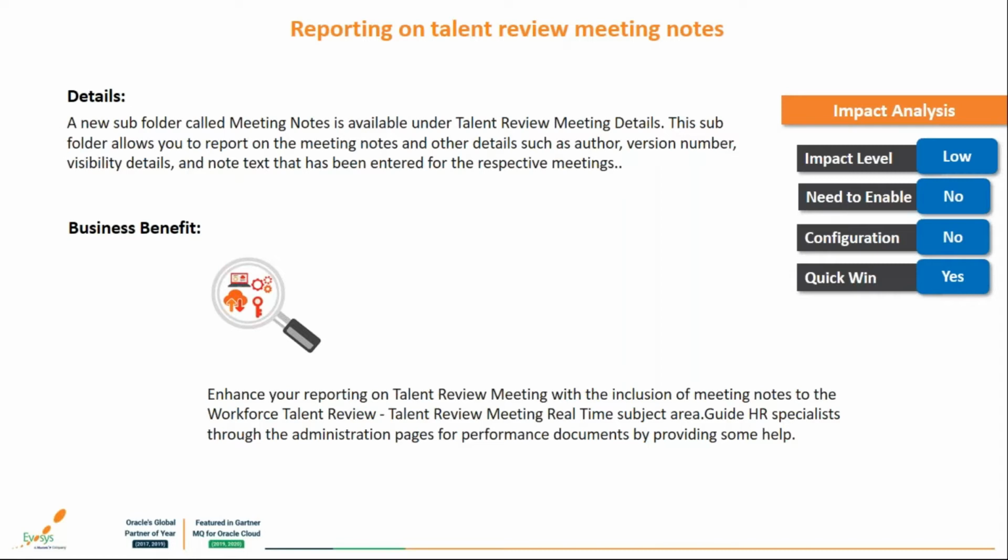This could be used to guide HR specialists through the administration pages for performance documents by providing some help there. Coming to the impact analysis again, this feature serves a niche of professionals, hence it's at a low level of impact. There are no steps needed to enable it and no configuration to use this feature. And once again, it qualifies as a quick win.